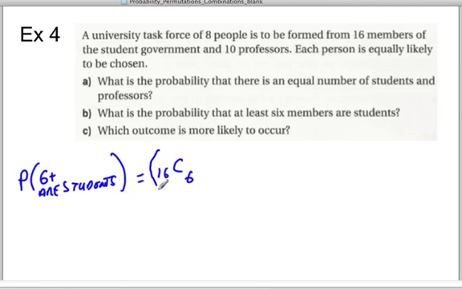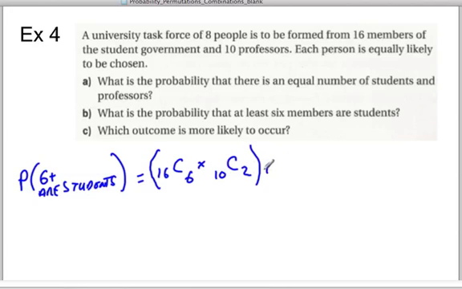Now, this will be the number of ways that we could pick 6 students out of the 16 times, and if we've chosen 6 students, that means that we've got 2 professors to fill out our committee, and that'll be times 10 choose 2, which is the number of ways that we can pick 2 professors out of the 10.